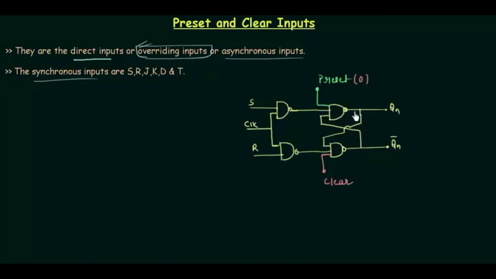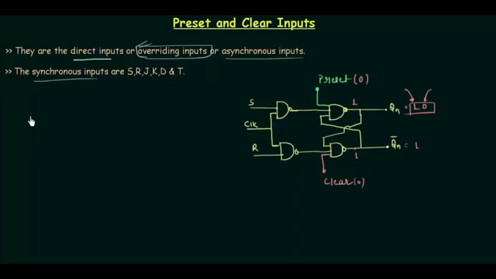If it is 0, the output here will always be 1, so Qn will be 1 always. Now when clear is 0, the output here will be 1, and Qn complement is always 1, which means Qn is 0. So Qn is 1 as soon as preset becomes 0, and it becomes 0 as soon as clear becomes 0.